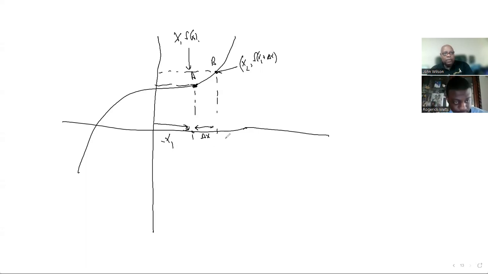Now the whole thing is X2, right? So F of X1 takes you up to A. F of X2 takes you up to B.